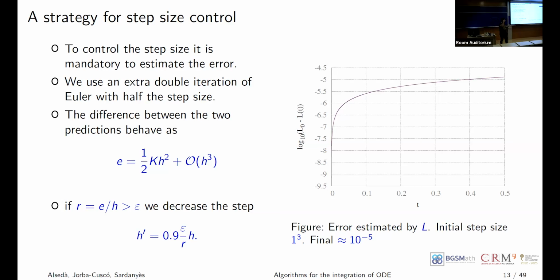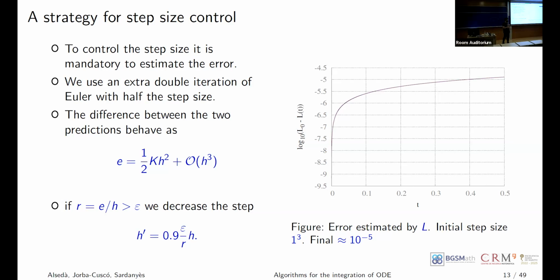So here, since I have nothing more available than the Euler method, I'm going to use the Euler method, but instead of doing one step of size h, I'm going to do two steps of size h divided by 2. So half the step. And then I'm going to compare the two quantities. Now, in principle, if h is smaller, half, then the approximation is better.